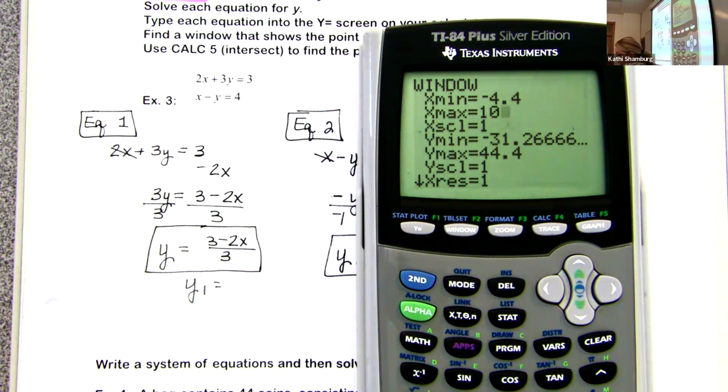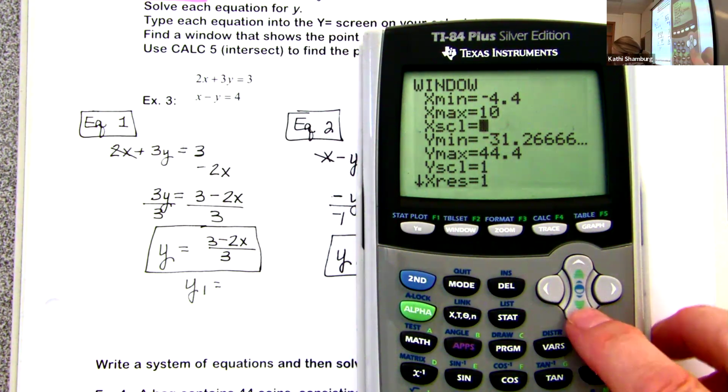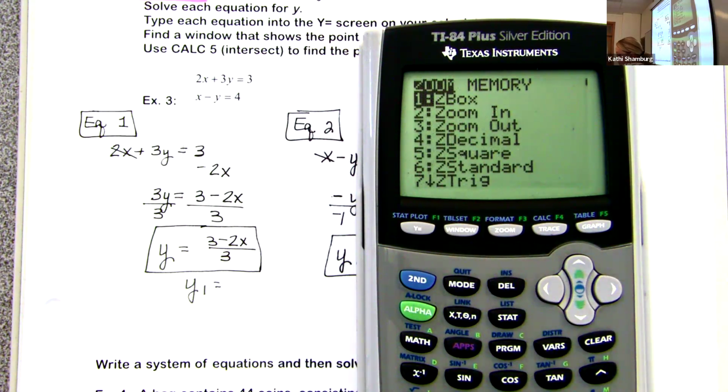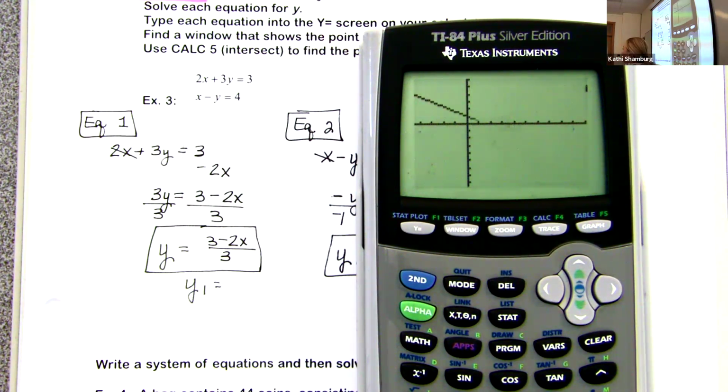So I'm just going to choose 10. Leave that 1. Y minimum. Okay, well, what is our Y value? -1. I'm going to put this in as -10. And go ahead and change the Y max to +10. Now do Zoom 0 and see if your calculator likes it better.